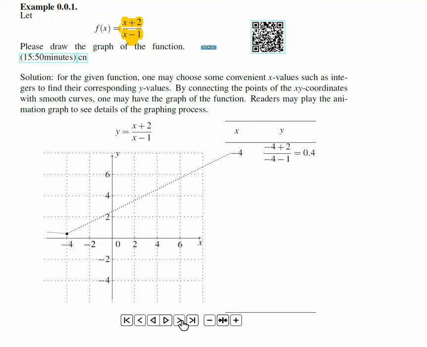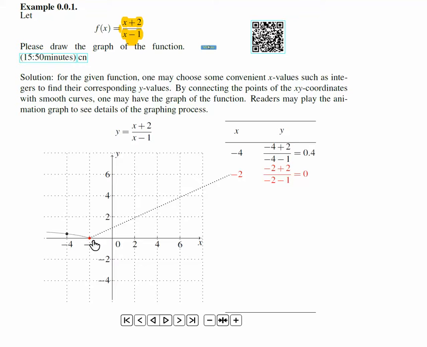Now, -2 again, we want to choose it, because when you plug in -2 here, you get 0, which is the x-intercept. It tells us clearly that the graph will go through the point right here.